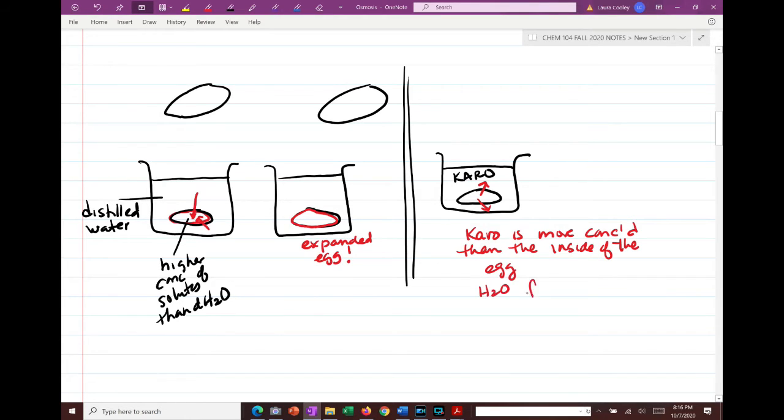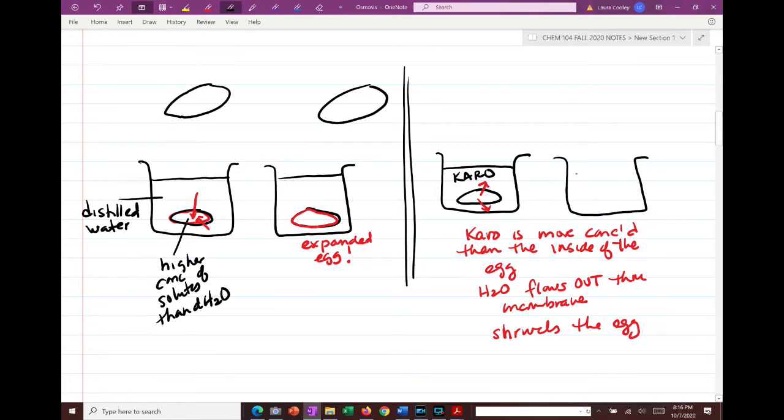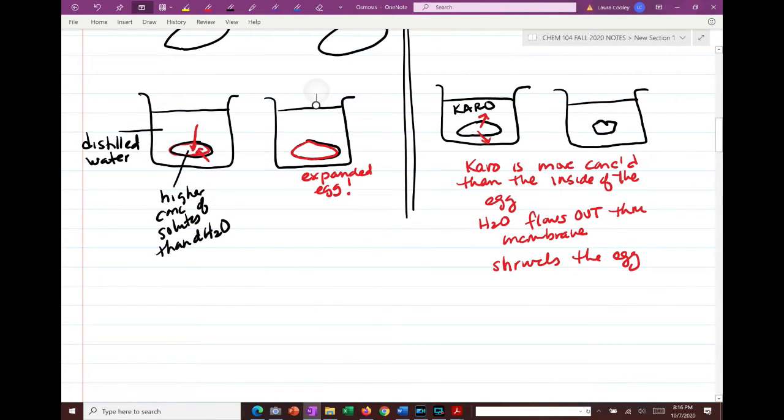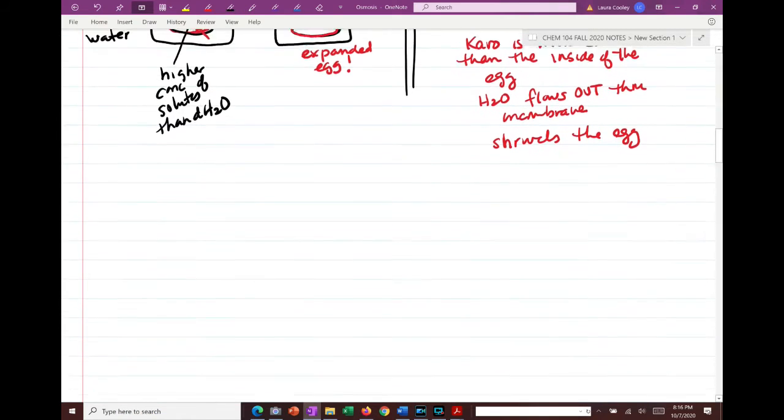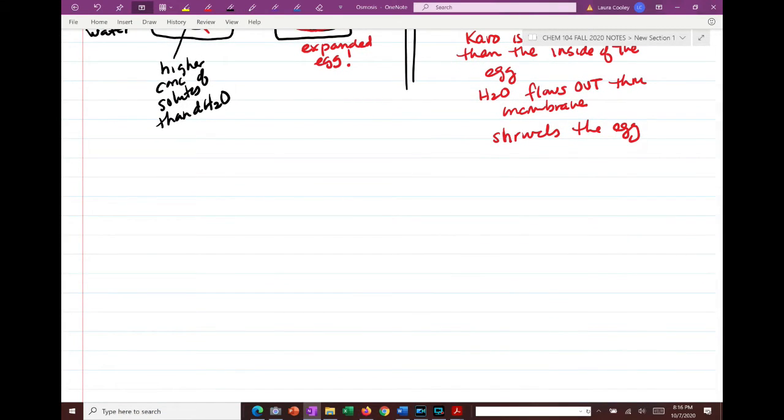So the water flows out through the membrane and it shrivels the egg so that at the end it looks kind of like this, the shriveled egg. So that's an illustration of it. Let's talk about it a little bit more. So in both cases, the flow is from low concentration to higher concentration.